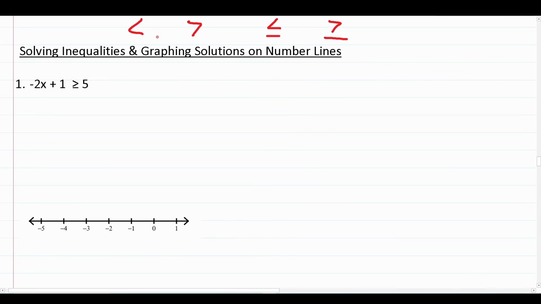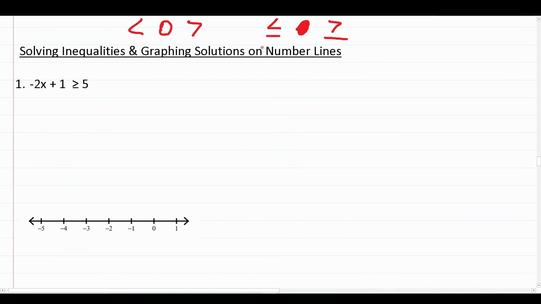When you graph an inequality involving the less than or greater than sign, you use an open circle on the number line. Similarly, when you graph an inequality involving a less than or equal to or a greater than or equal to on a number line, you use a closed circle to indicate that you include that value, which this equal also indicates.